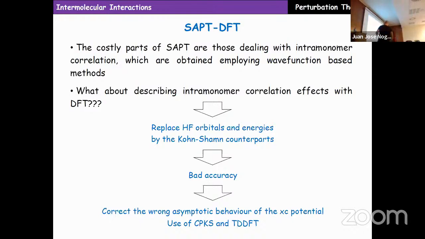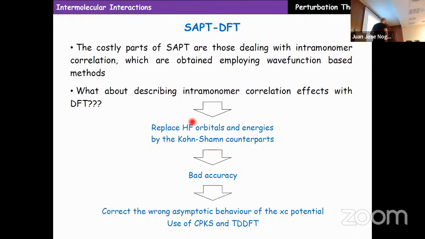What we do in SAPT-DFT is computationally much more efficient than SAPT with wave functions. For the first order terms, the electrostatic and Pauli, we replace the Hartree-Fock orbitals by Kohn-Sham orbitals. These Kohn-Sham orbitals are supposed to be correlated orbitals, or corrected for intramonomer electron correlation.